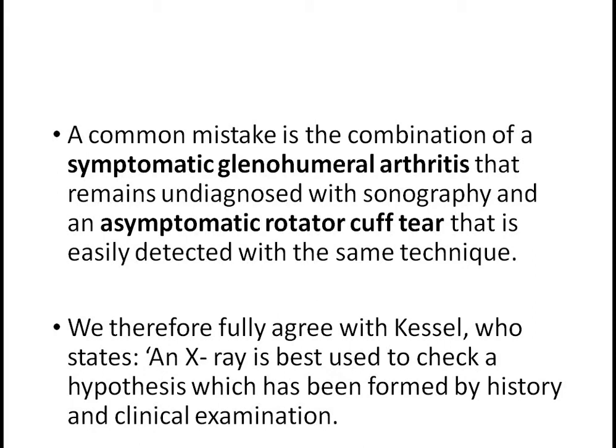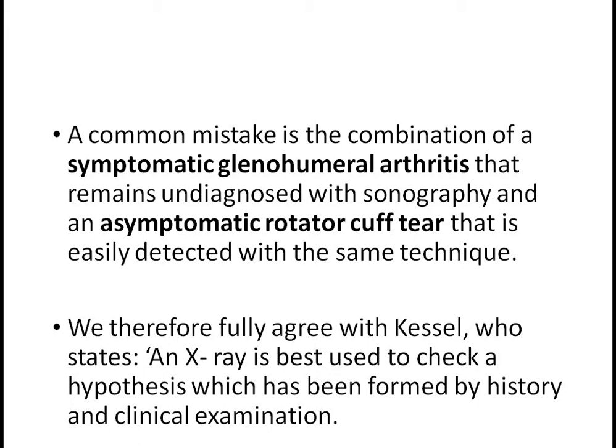So it means that if there are two conditions present, the one which is seen on the imaging will be asymptomatic, and the other which is not visible on the image will be the exact cause of the disability, the exact cause of the symptoms, the exact cause of the complaint of the patient.